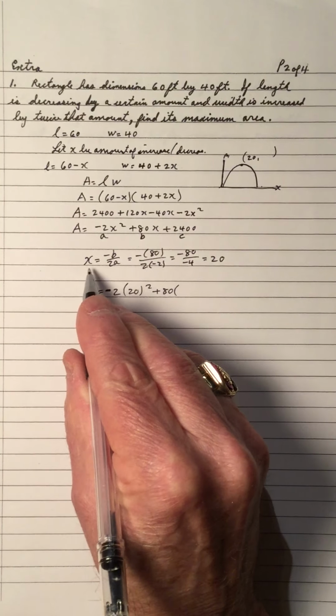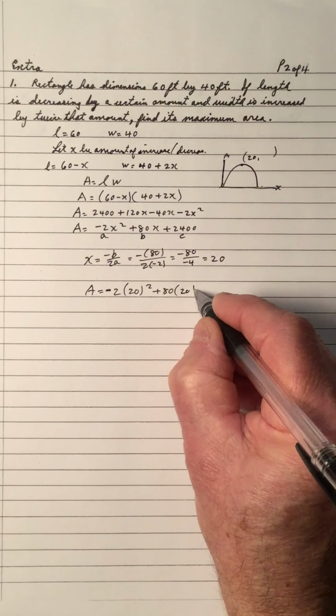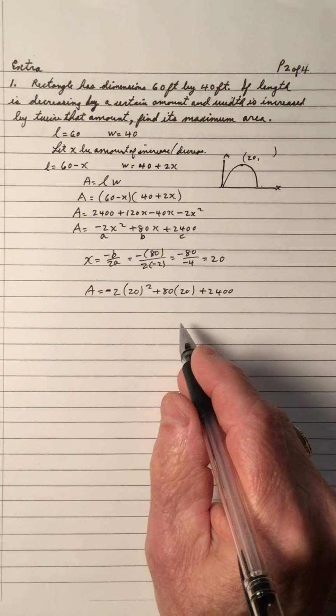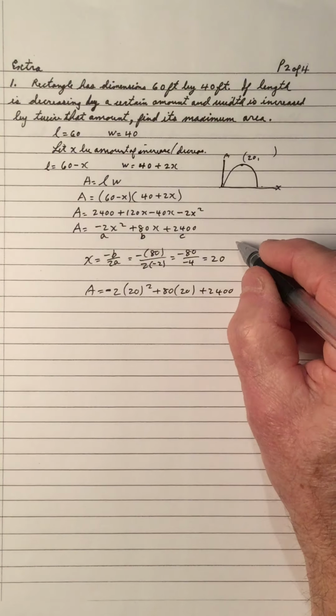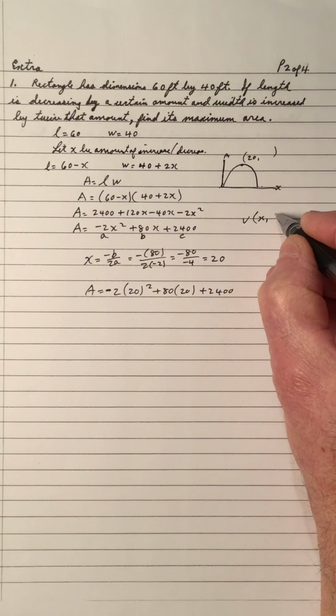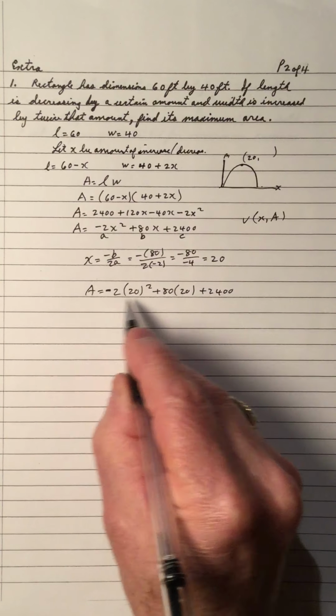Again, it's like a vertex: the vertex is the increase or decrease x, and an area. So we have x is 20, sub it in.